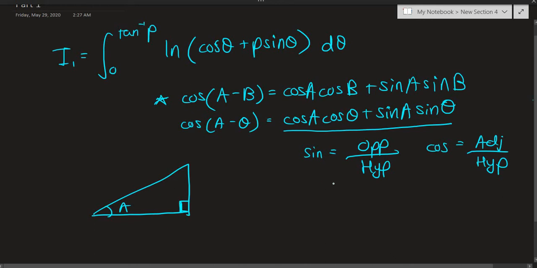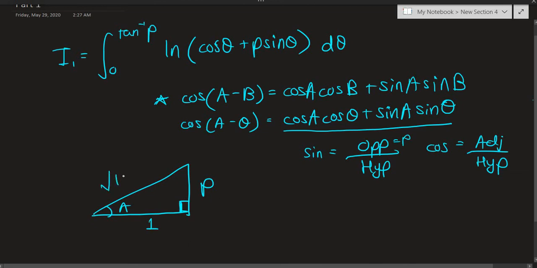So as I said, opposite, let's make opposite equal p. So the opposite of A is p, and adjacent, because the coefficient associated with this cos theta is 1, let the adjacent be 1. The adjacent of this angle A is 1, and we have to find the hypotenuse. Finding the hypotenuse is easy.